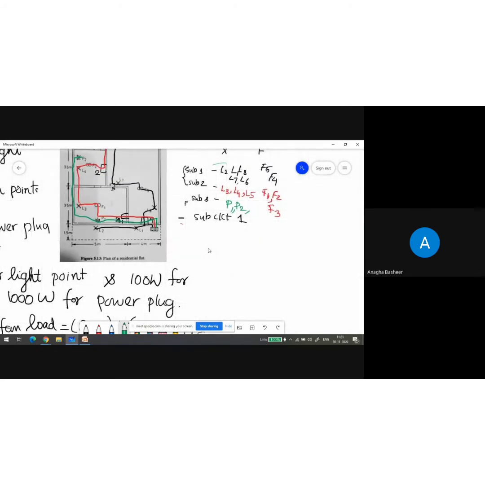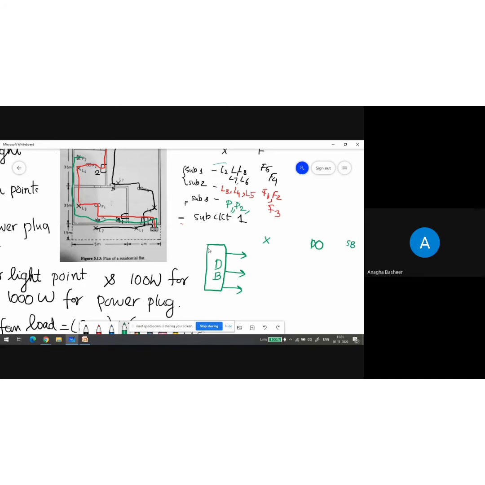So this thing we can represent like this. This is the distribution board. From the DB we have 3 subcircuits: light, fan and switchboard.